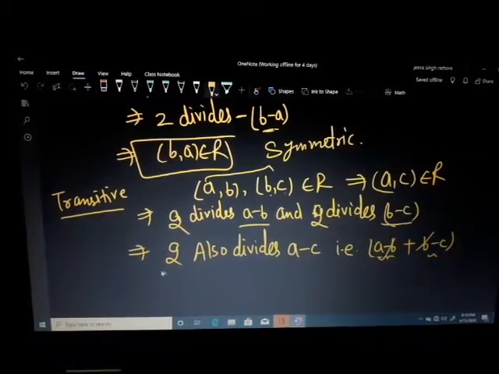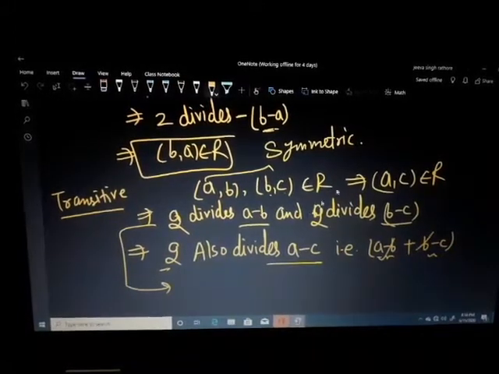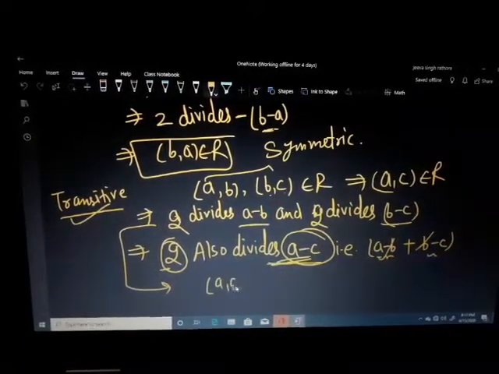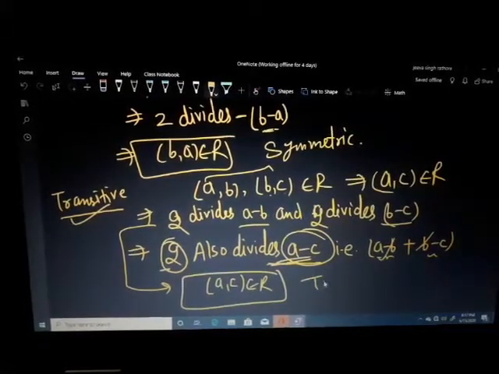Also 2 divides a minus c. You can also write in factors. Suppose 2 divides a minus b means it is divisible by 2k1. That's why we can say easily 2 divides a minus c. That means (a, c) also belongs to relation R. That's why we can say this is also transitive.